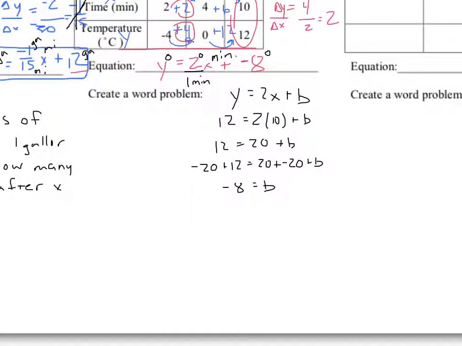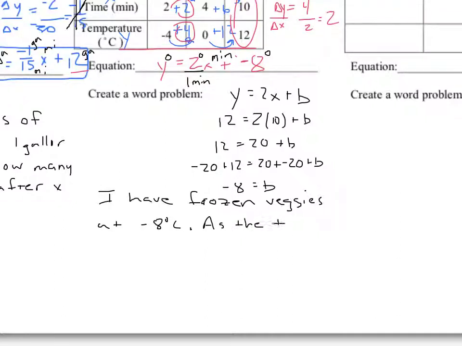So I have frozen veggies at -8 degrees Celsius as they thaw, in other words, start to warm up.